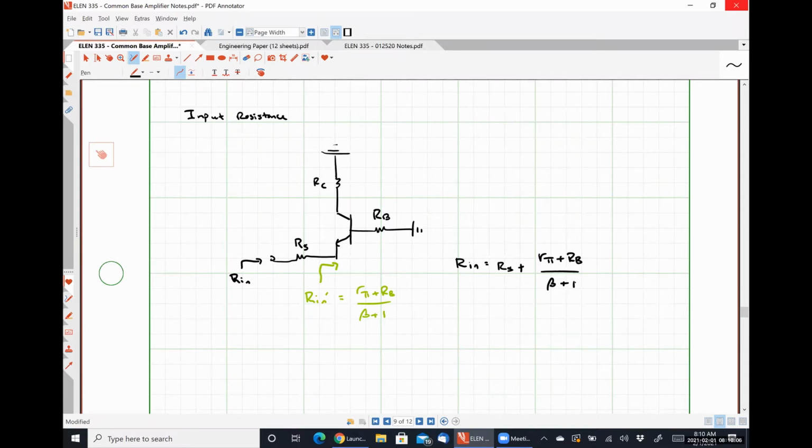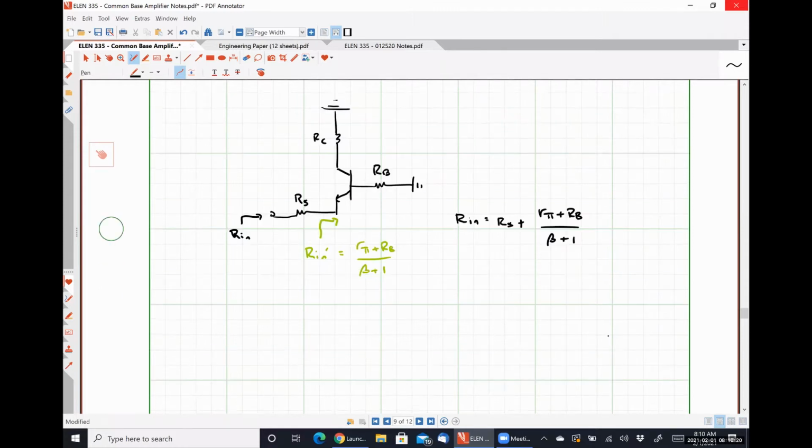A note on my paper notes to fix that mistake real quick. Common base.